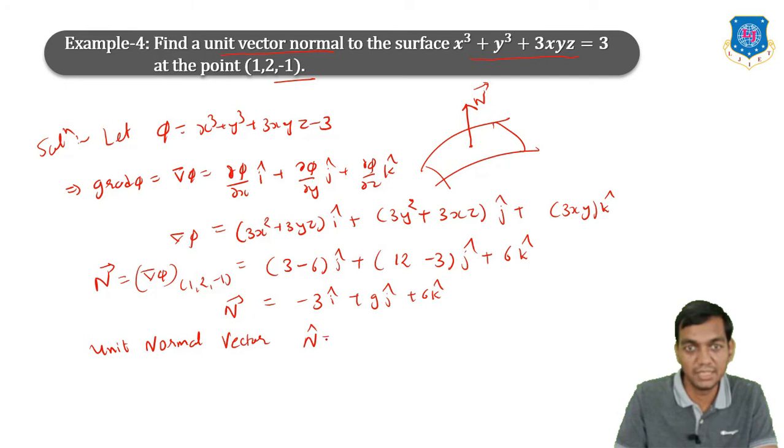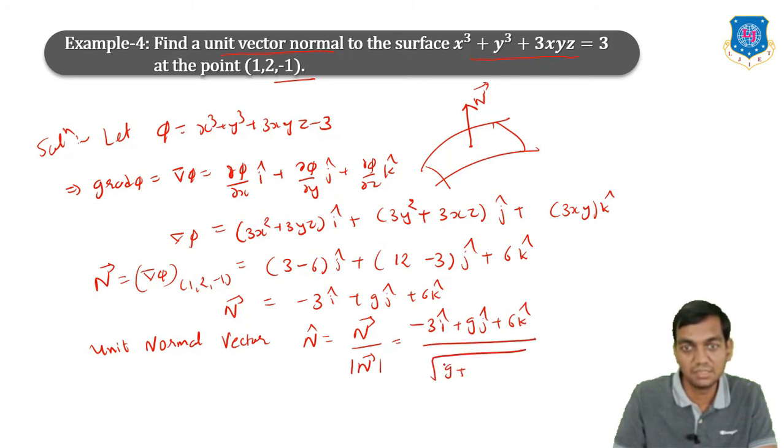and therefore the unit normal vector is nothing but n cap is equal to n bar upon mod n bar. So it is minus 3i plus 9j plus 6k divided by under root of 9, minus 3 square is 9, 9 square is 81 and 6 square is 36, and that is nothing but 90 plus 36, so it is 126. 126, that is 14 into 9.